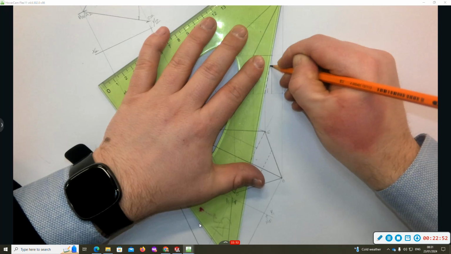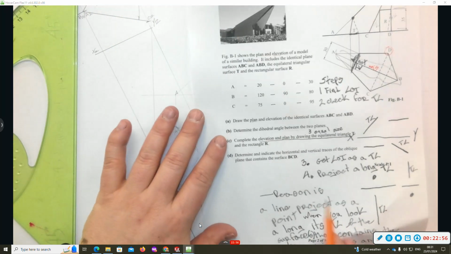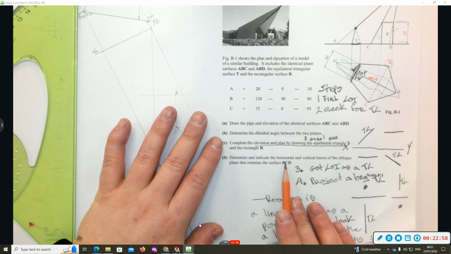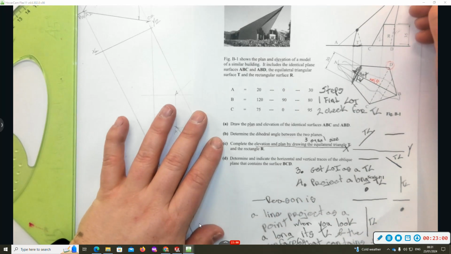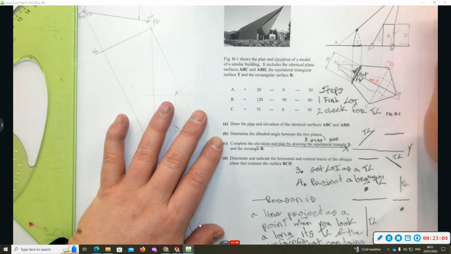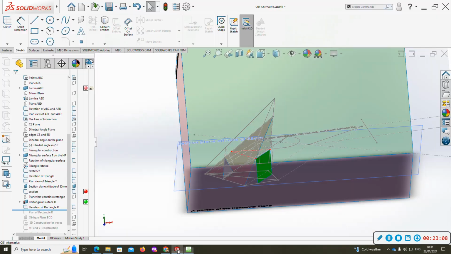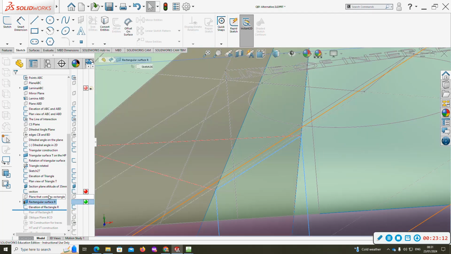Now, the last thing I have to do is find the traces of the plane that contains the surface B, C, and D. So surface B, C, and D. So I'll go through this on the model. So just hide my rectangular surface or hide a few of these sketches.